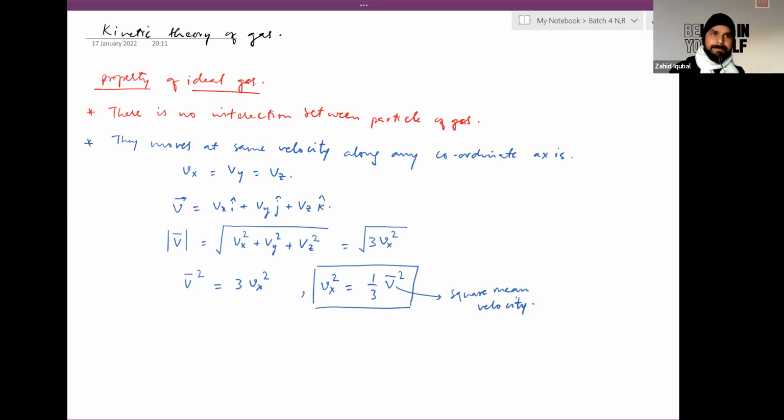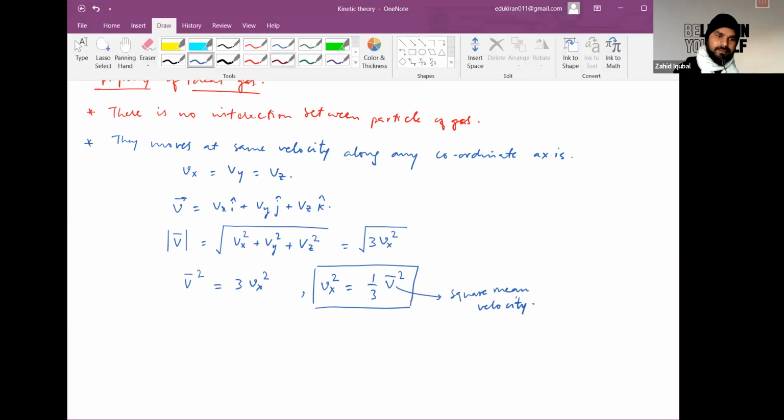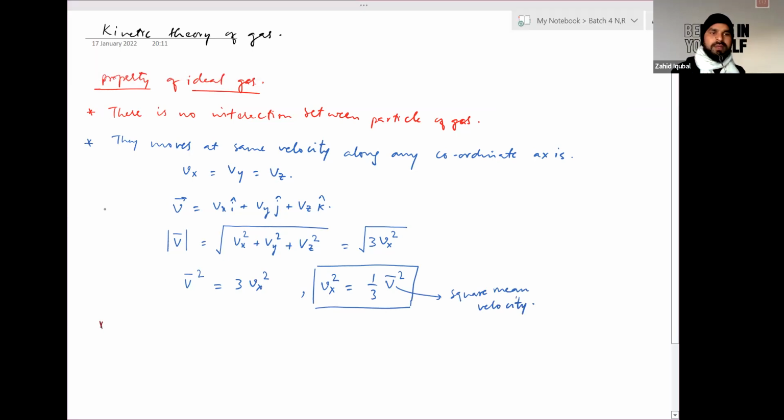The next property is that these gaseous particles behave as rigid spheres, so they collide elastically with neighboring particles or the wall of the container. So collision between them will always be elastic in nature.